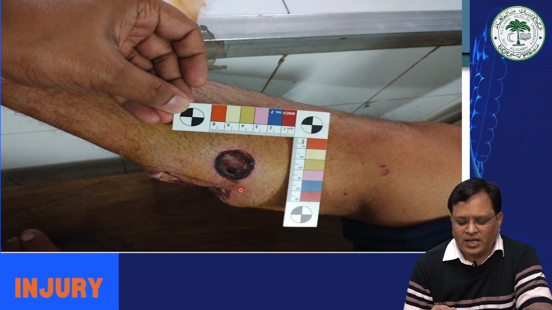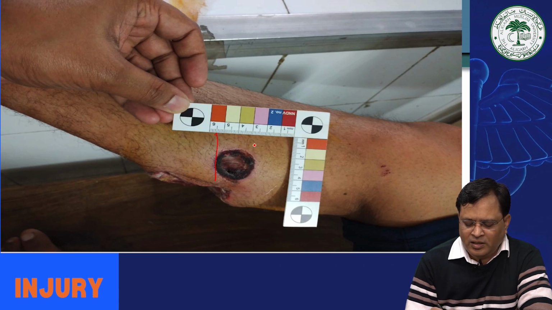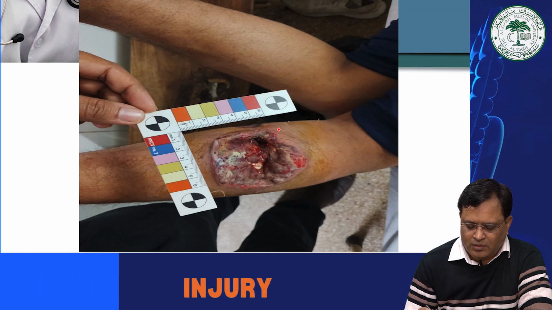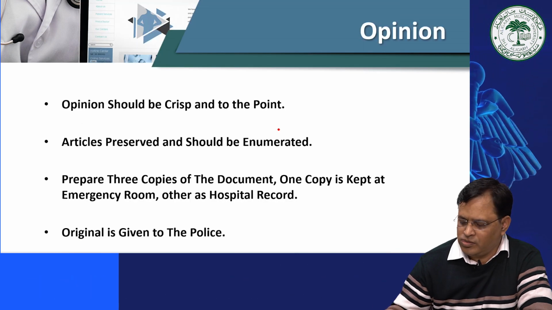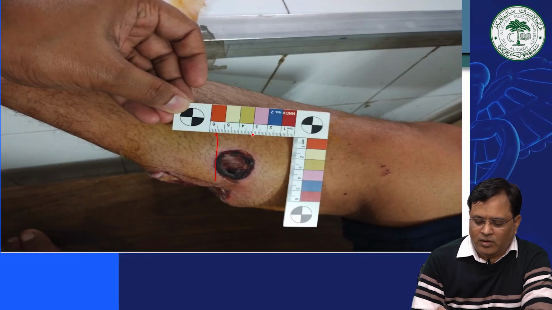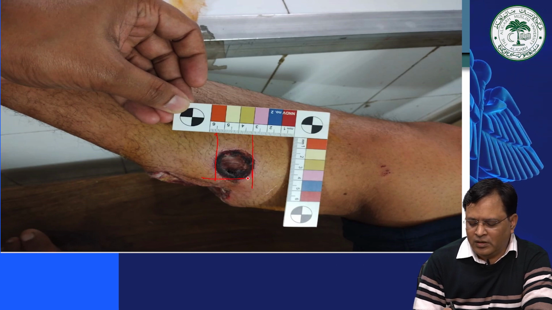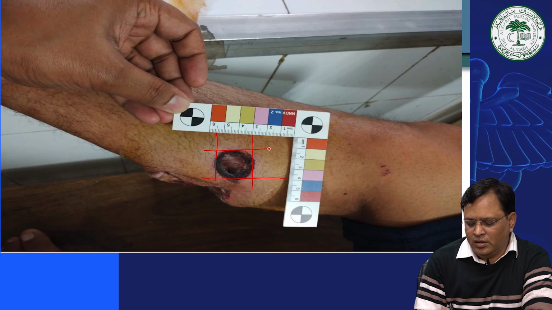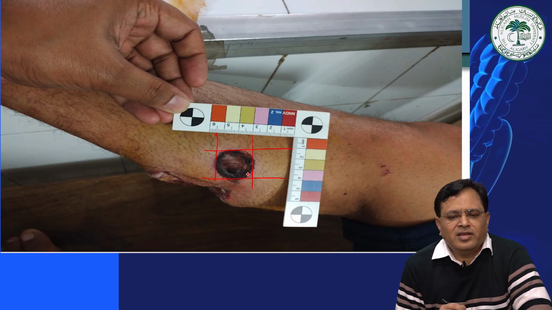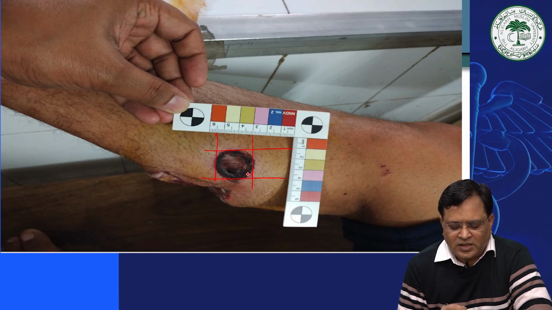We can put that and take the photograph, and from here we can say, if you see here, or here, then we can say the dimensions or size of the injury.